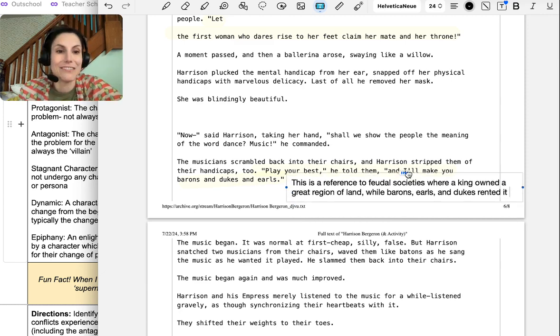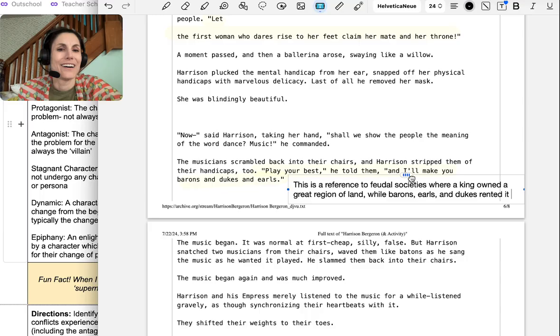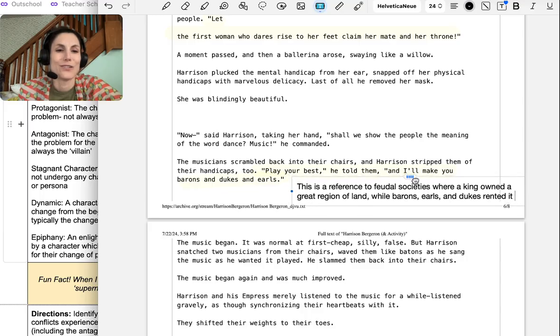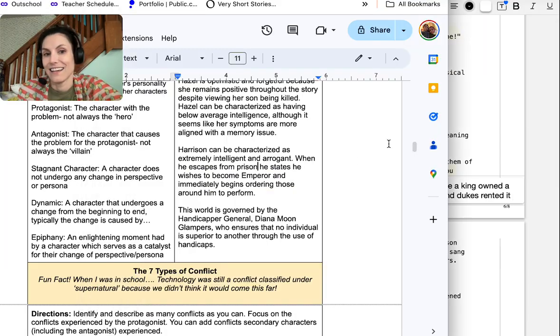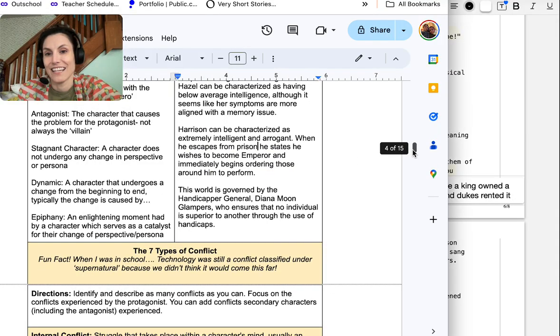But this is a reference that a society with barons, dukes, and earls is most definitely not a democratic one. So we could say that Harrison could be characterized as arrogant, authoritarian, maybe.